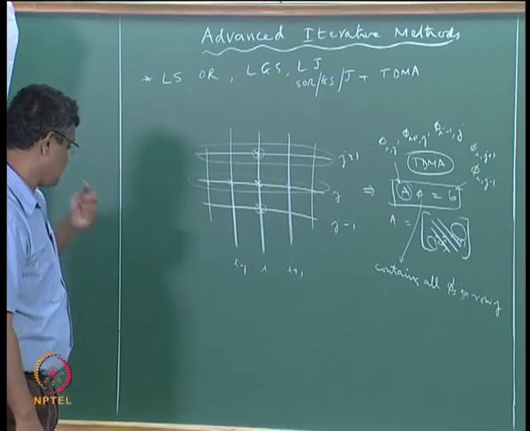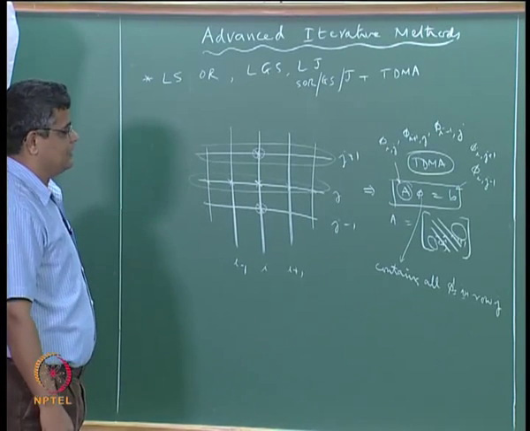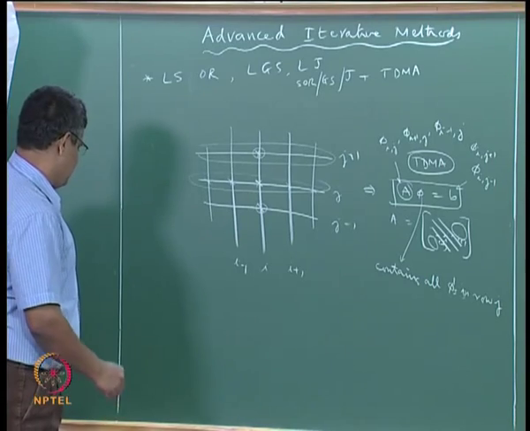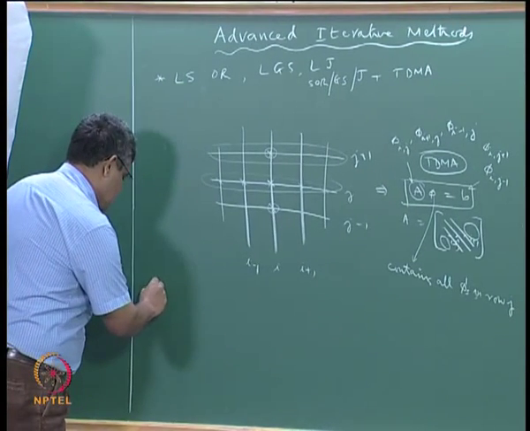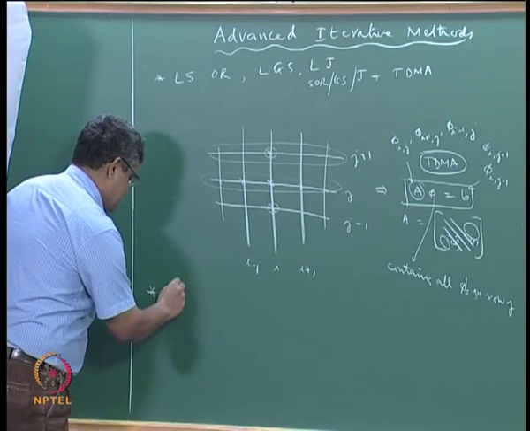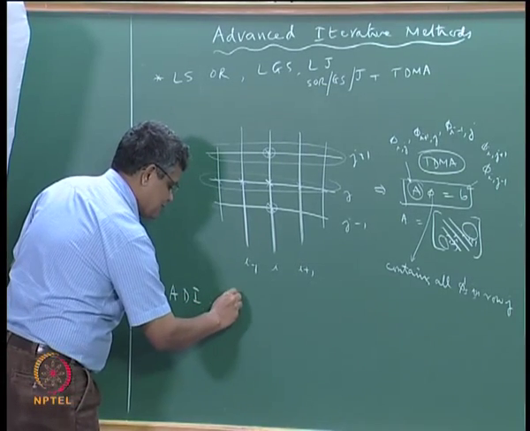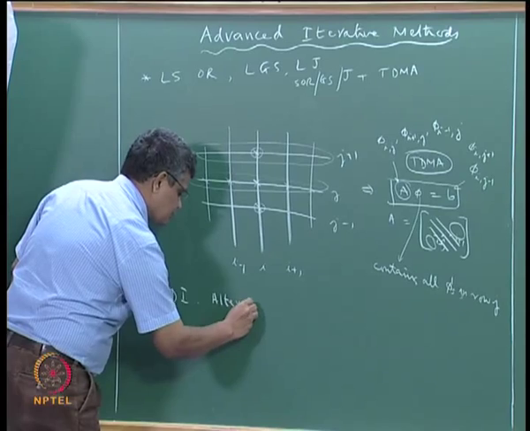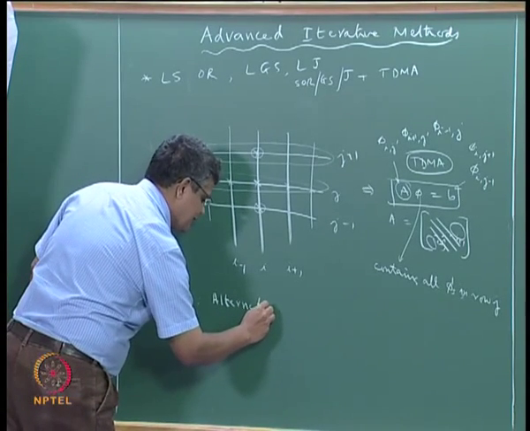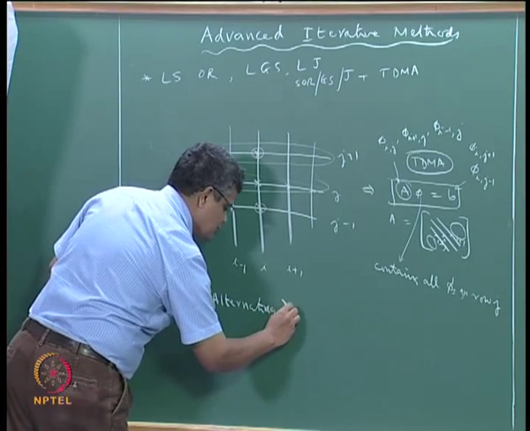So this is one simple incorporation of the efficient TDMA scheme for one dimensional diffusion equations into the overall scheme. The same method can be more formalized in what is called ADI, that is alternating direction implicit method.